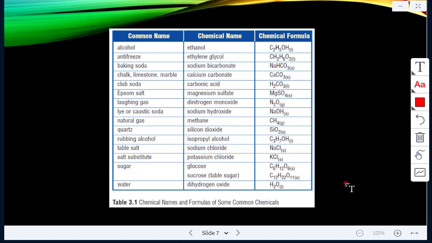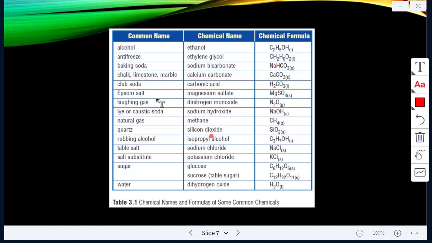C12: C represents carbon, so the subscript of 12 means there's 12 atoms of carbon. Then H22 means there's 22 atoms of hydrogen, and O11 represents 11 atoms of oxygen.